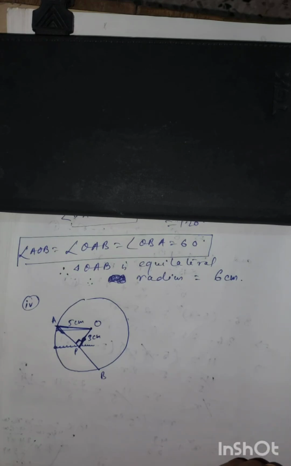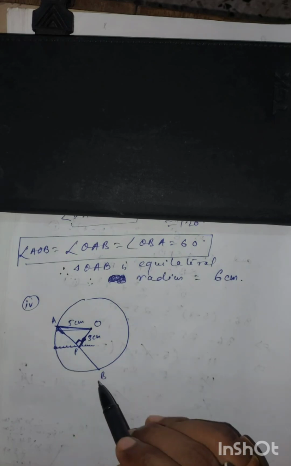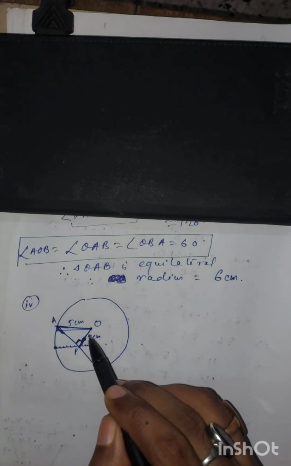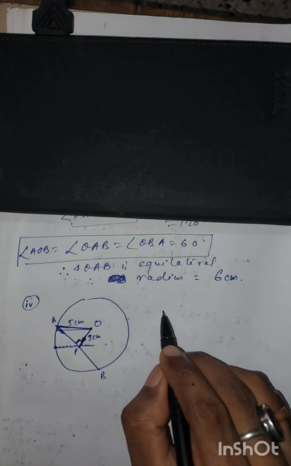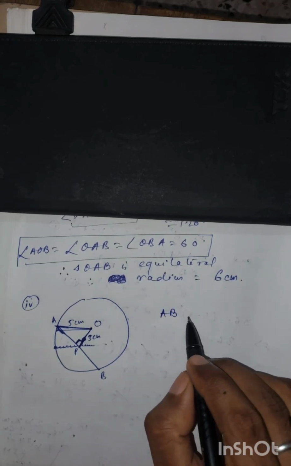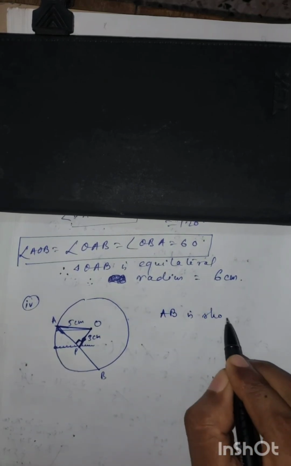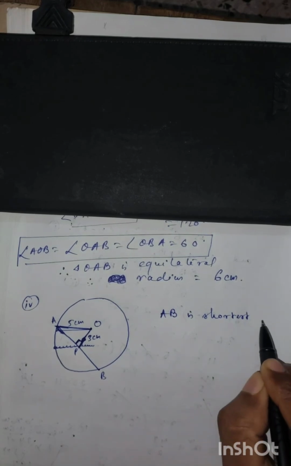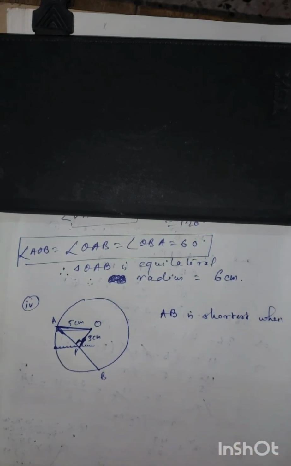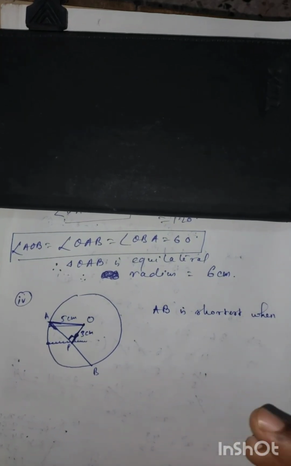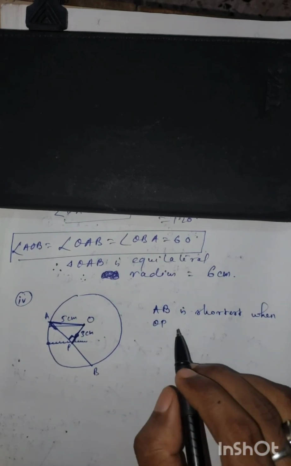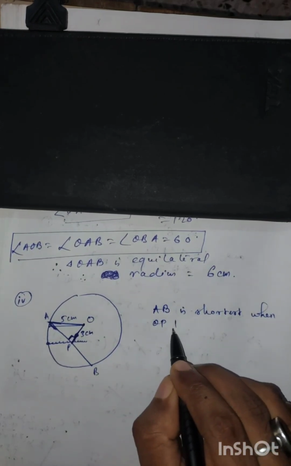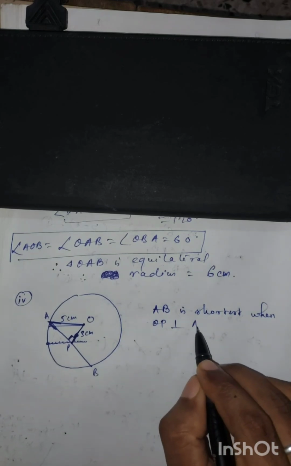So AB is shortest when OP is perpendicular to AB. So let us write it. AB is shortest when OP is perpendicular to AB.